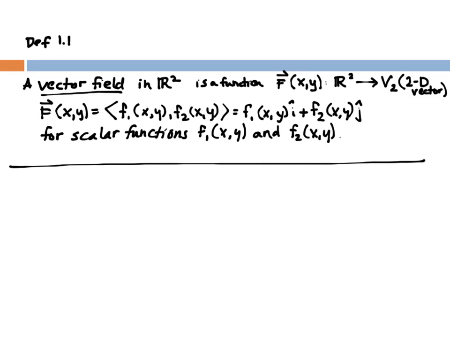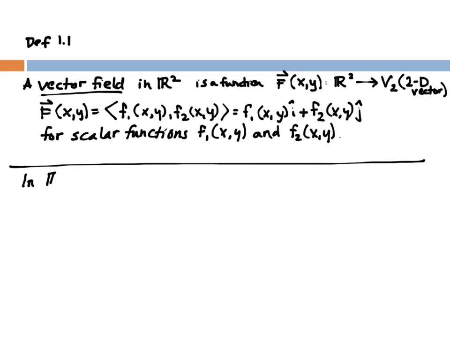We can do this in three-dimensional space, and the definition looks almost identical, except what's going to happen, generally speaking? Can you give me some description? What do you think? We're going to have a z, right? We're going to have a third dimension with it. We'll be taking it from R3 into V3. So I'll write it out formally just so that you have it in your notes.